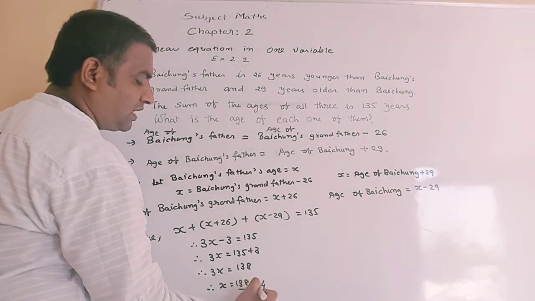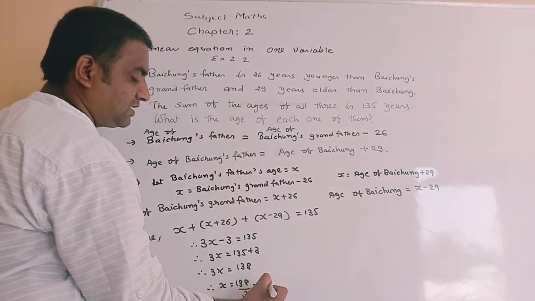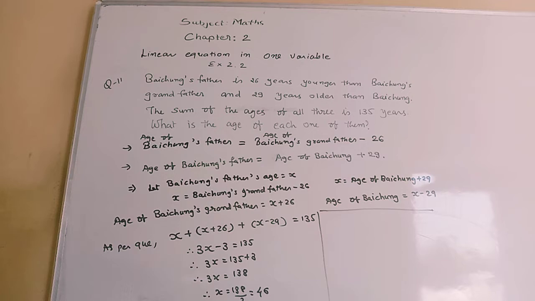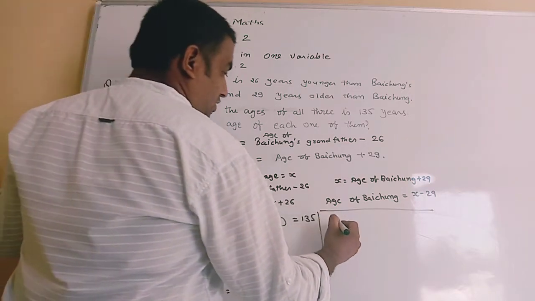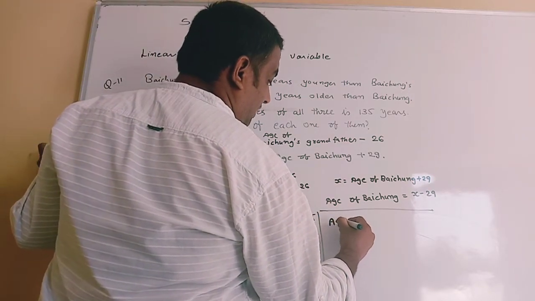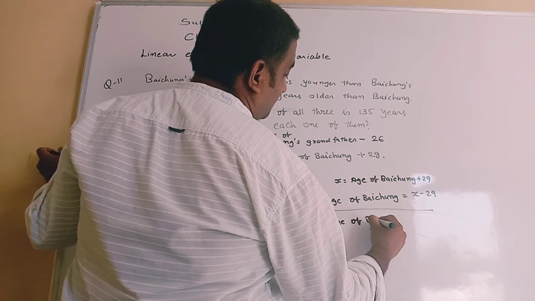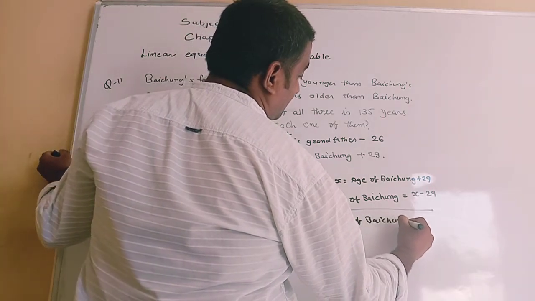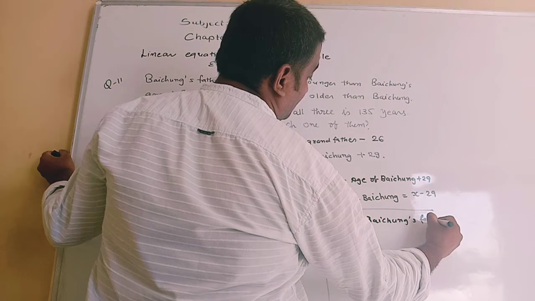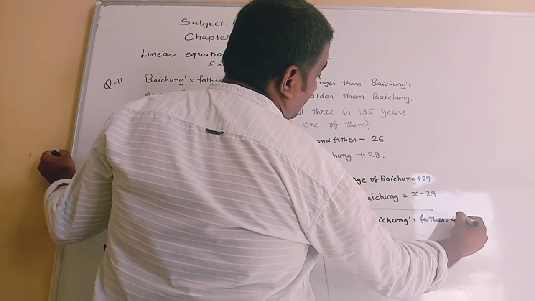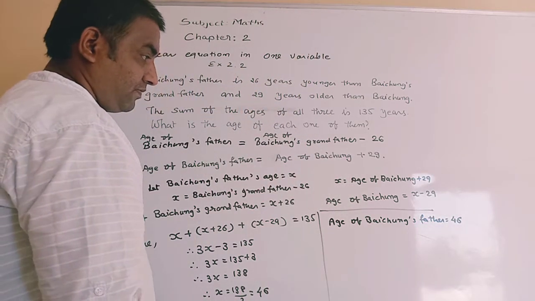So 3 4s are 12, 3 6s are 18, so 46. So age of Baichung's father is 46.